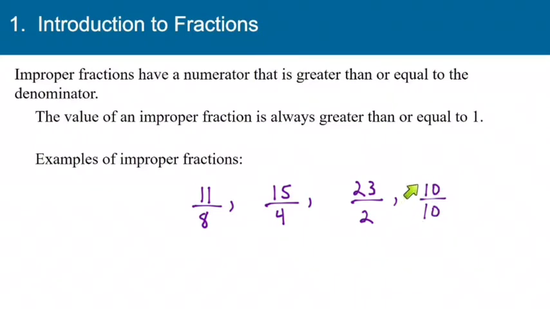So we have a whole unit, and we don't necessarily need a fraction to represent this. This could just as easily be represented by a 1, because remember, 10 divided by 10 equals 1, and remember the fraction bar takes the place of the division symbol. So even when the top number is equal to the bottom number, this is considered improper.